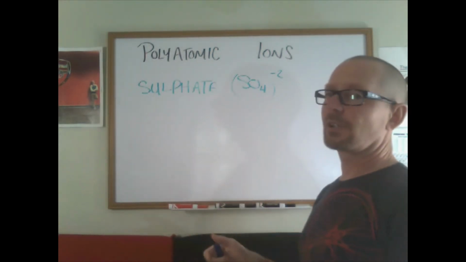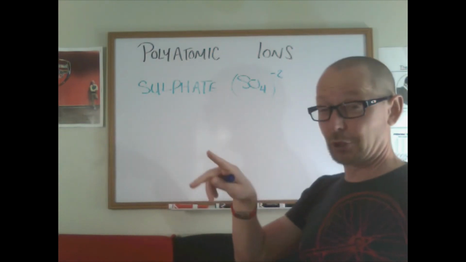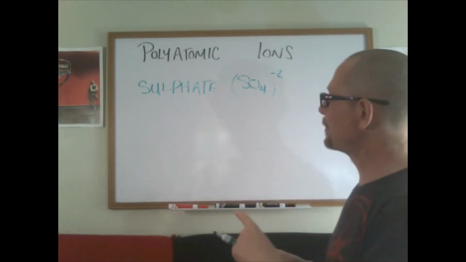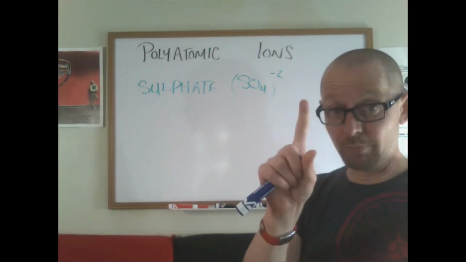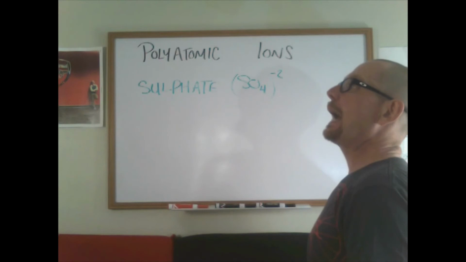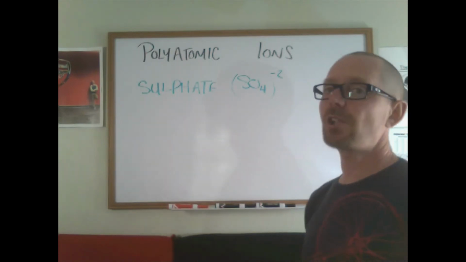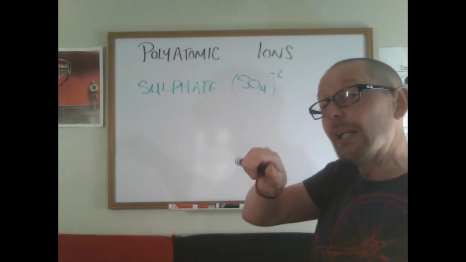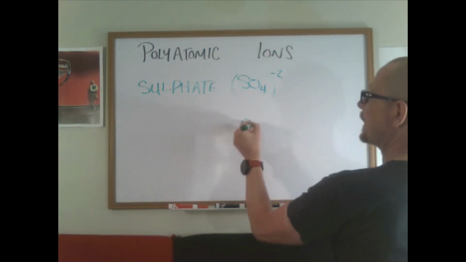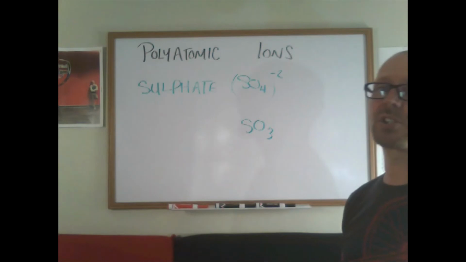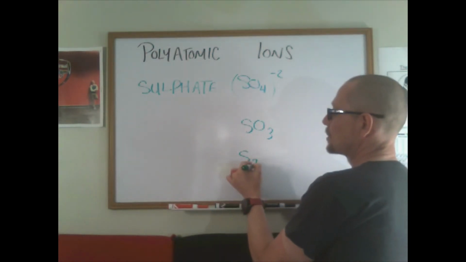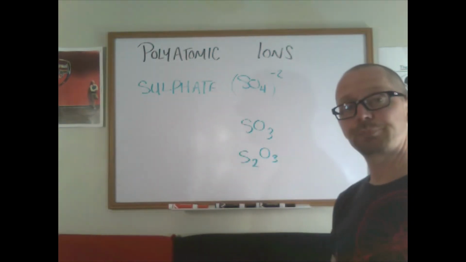Because of this, oxygen and sulfur can sometimes switch. And so what happens is we can decrease oxygen by 1, and then we can increase sulfur by 1. So in other words, we're going to take out an oxygen, SO3, and we're going to replace it with a sulfur, S2O3.